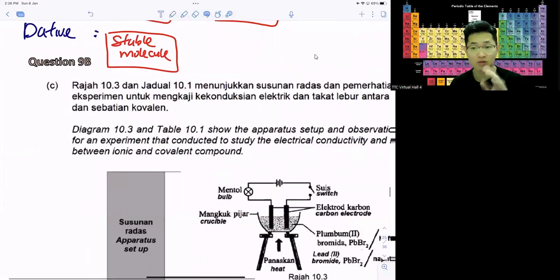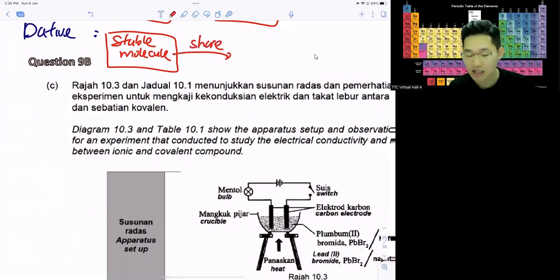It doesn't have to donate, receive or share anymore. And then this stable molecule, because it is already stable, let's say I have a stable life, okay, I donate some of my money to help others. So the stable molecule will share the extra electron with others who need it.